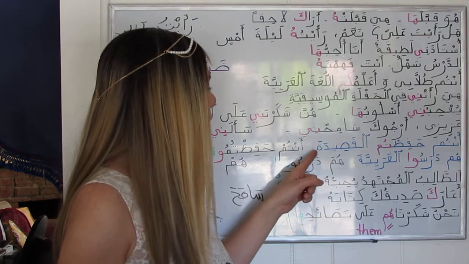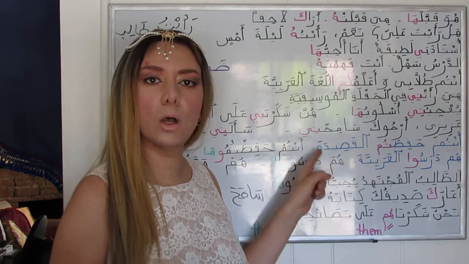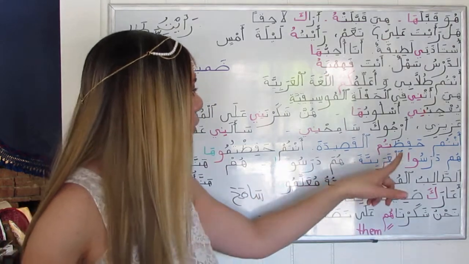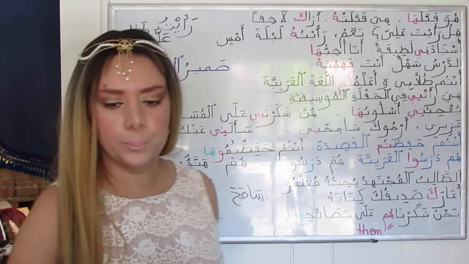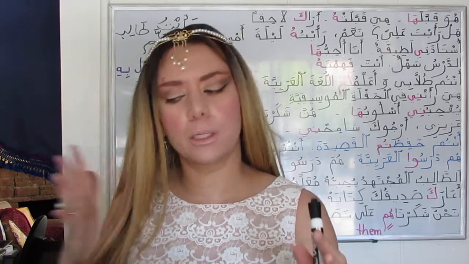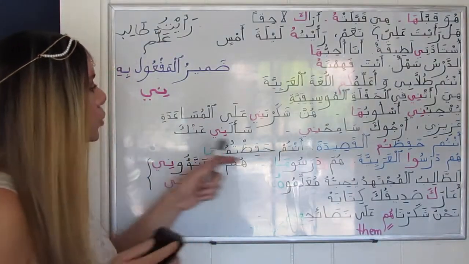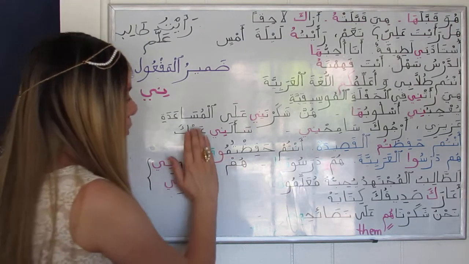So let's substitute this object noun with an object pronoun. So what would we do? Whenever a direct object pronoun is attached to this suffix, we place a waw, the letter waw, between the verb conjugation and the object pronoun. So we would say أنتم حفظتم, we have the suffix.